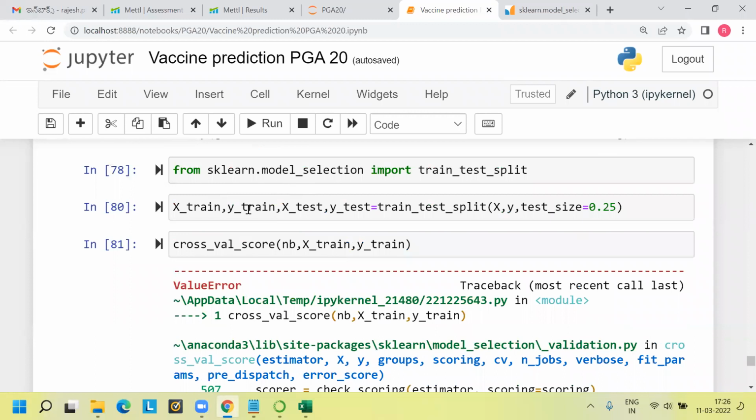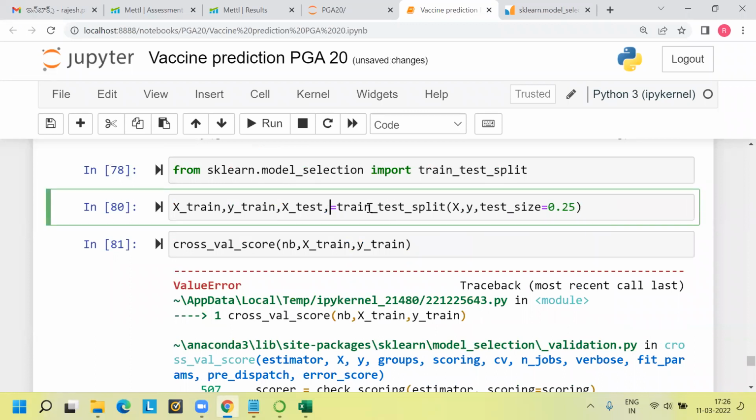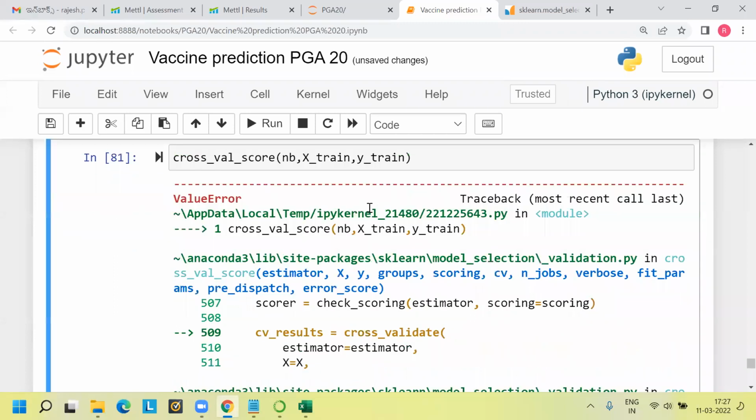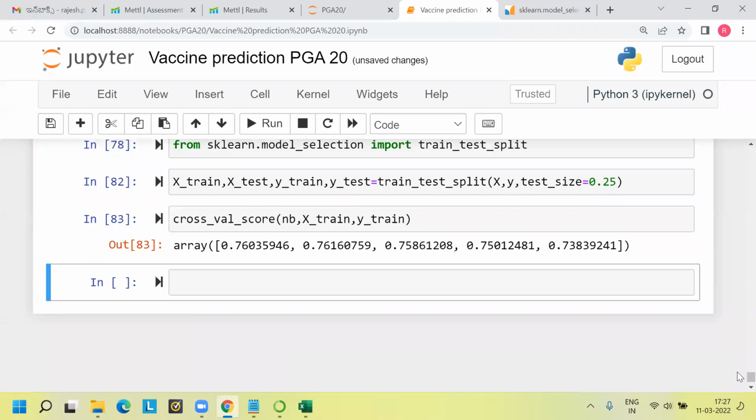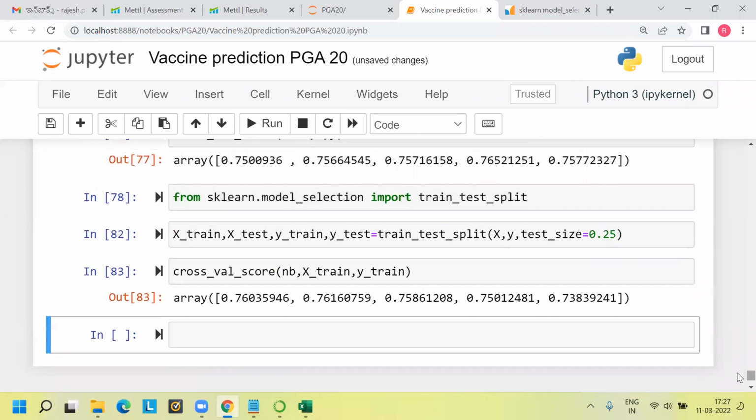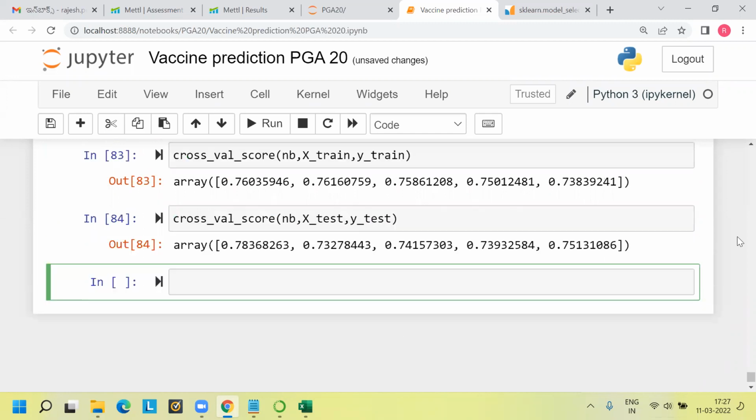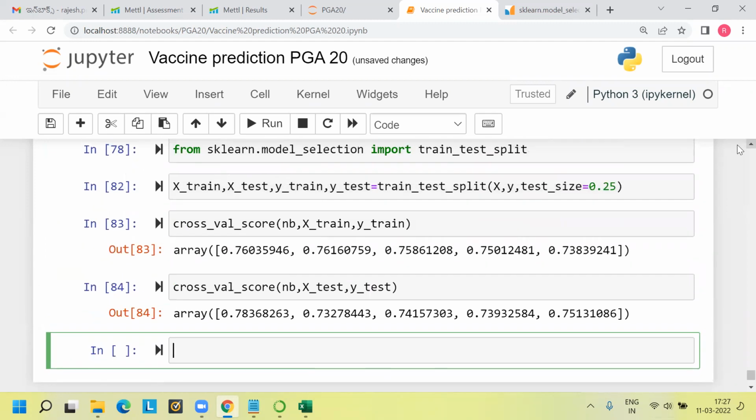Oh, sorry, this combination is wrong. It should be X_train, X_test, Y_train, Y_test. Similarly, cross_val_score NB, X_test, Y_test. See, we got almost similar scores.